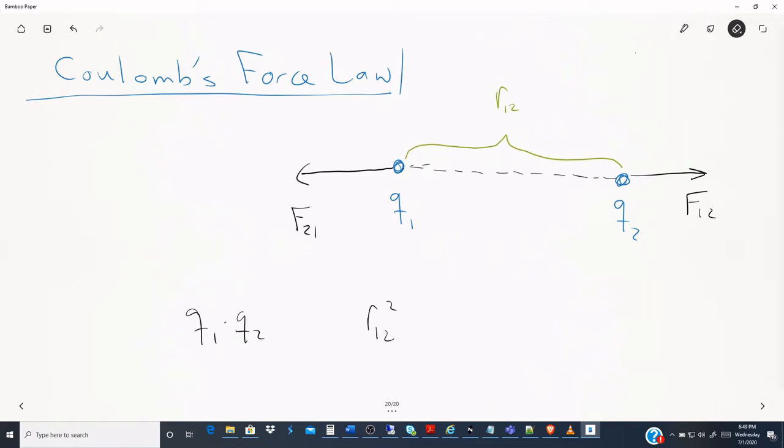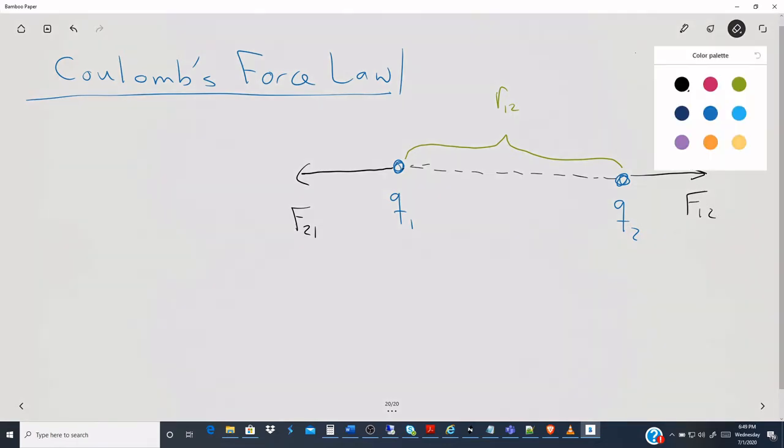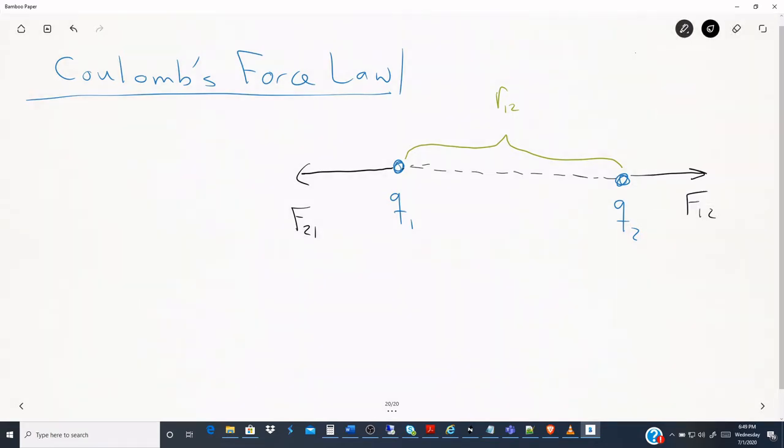So the force is directly proportional to the product of the charges. So that means the force that 1 exerts on 2 is going to be proportional, so there's a constant of proportionality out here. It's directly proportional to the product of the charges, so it's equal to some constant times those charges.